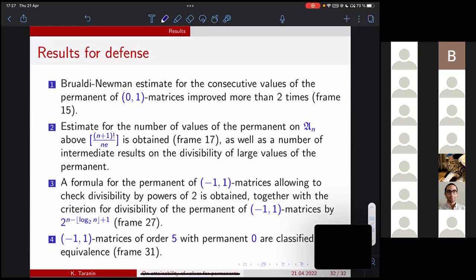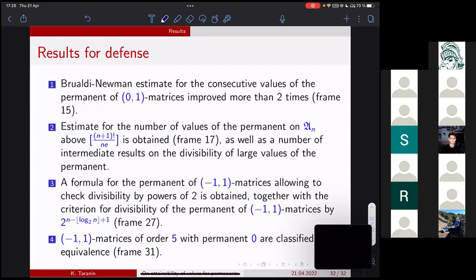What is the correct replacement of the Brualdi-Newman estimate which you expect? Is it, for example, n-1 factorial or not? Or how close is your estimate to the optimal one? Yeah, that's a nice question. Thank you.